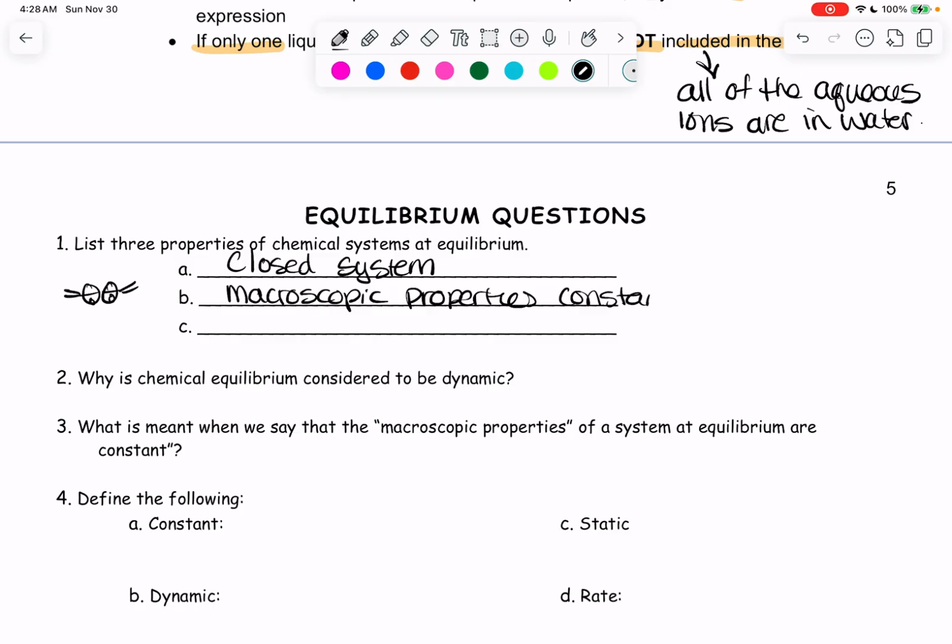So recall, this means things like color or pH are all constant. And there has to be equal rates of forward and backward reaction.